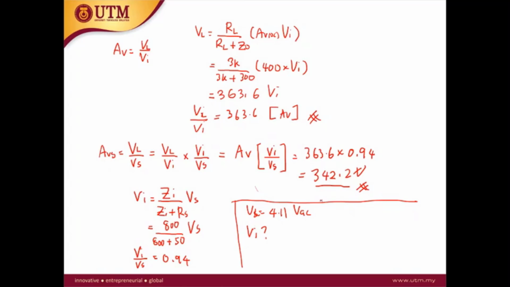It is AV: VL over Vi is equal to 363.6. So Vi is equal to VL, 4.11, over 363.6, and you get the answer 0.011 VAC.